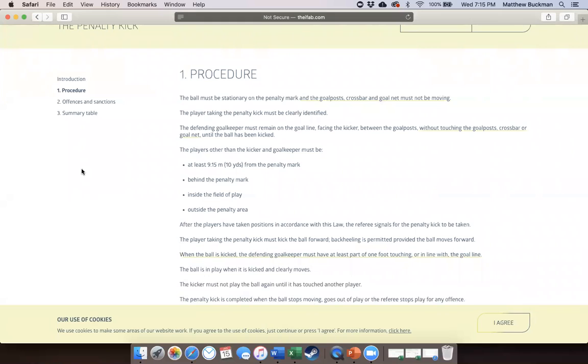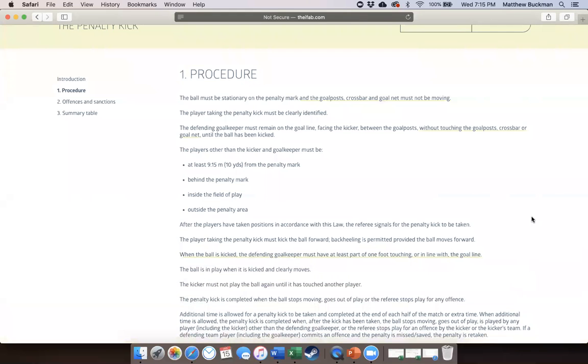It used to be both feet were required, but it's sort of natural for a goalkeeper to want to come forward a little bit with the taking of a penalty kick. And so IFAB modified the laws to allow them to take one step forward with one foot, but as long as the back foot or the second foot is still on line or in line with the goal line, they are safe. So the defending goalkeeper must remain on the goal line. He must be facing the kicker between the goalposts and without touching either the goal, the crossbar, or the net.